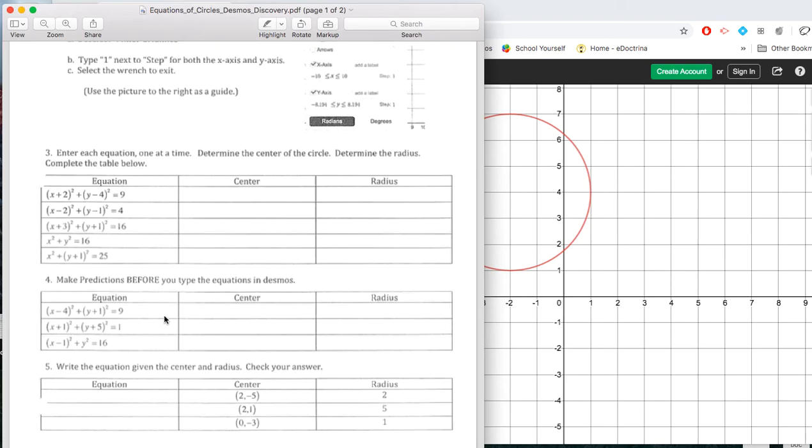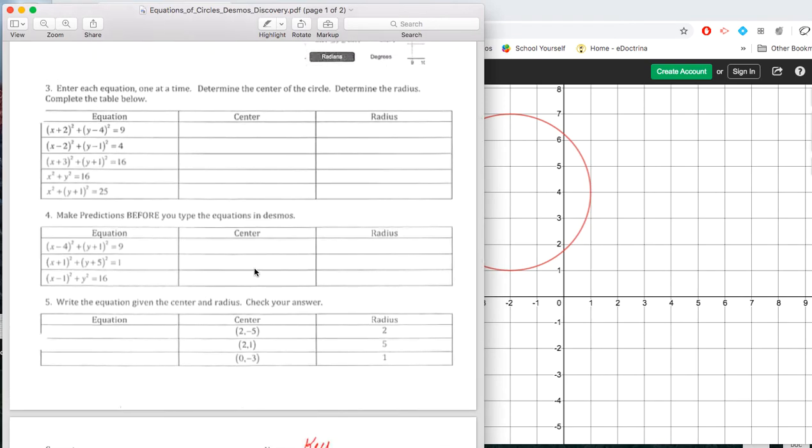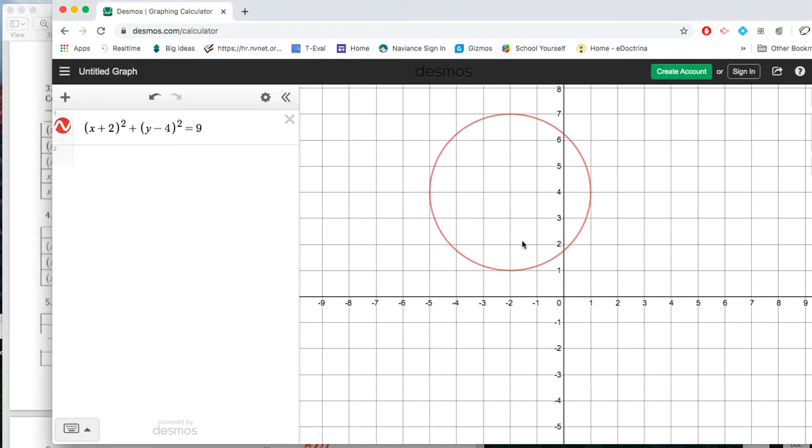Now what I'm going to do is make some predictions. This next section says, before you even put it in Desmos, did you make any kind of discovery? Like when we said the center was -2, 4, if you look at your equation, do you see those numbers?